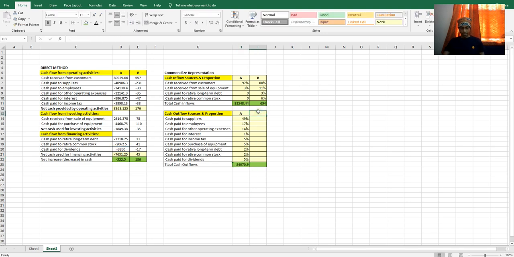Now we measure in case of B what the situation is. In case of B, the total outflows is equal to the sum of the first 5 plus purchase of equipment plus cash paid for dividends. This is what is coming, right? Common stock and long-term debt, the contribution is 0 and 0. No point bothering here.